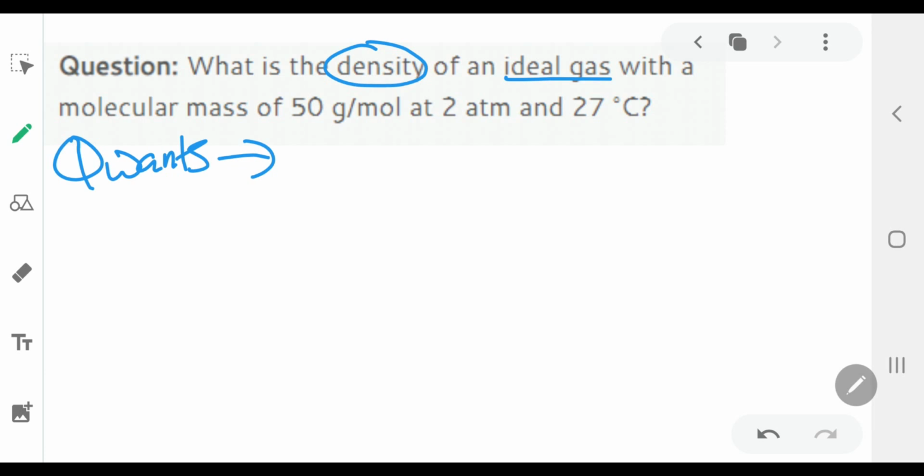Try to find out what the question wants, so that you know what you need to do, what equation you need to use, and so on. So in this case, the question wants you to use density because they want you to find density. So the formula of density, very easy to remember, PM over RT.